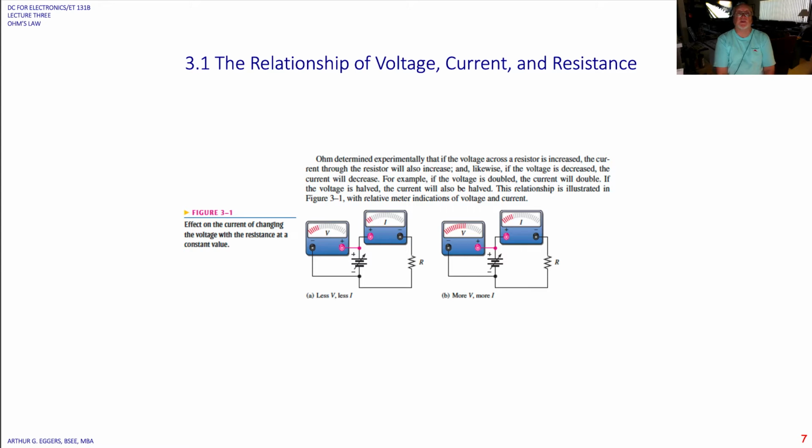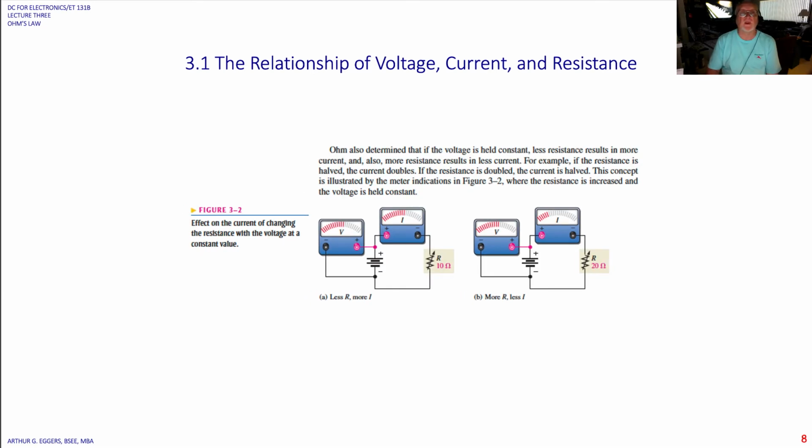This relationship can be seen here if we look at these little current and voltage meter relationships. In the first one, we have less voltage and less current. Over here we can see more voltage, more current. And as we go through the mathematical relationships, this is going to become more apparent to you.